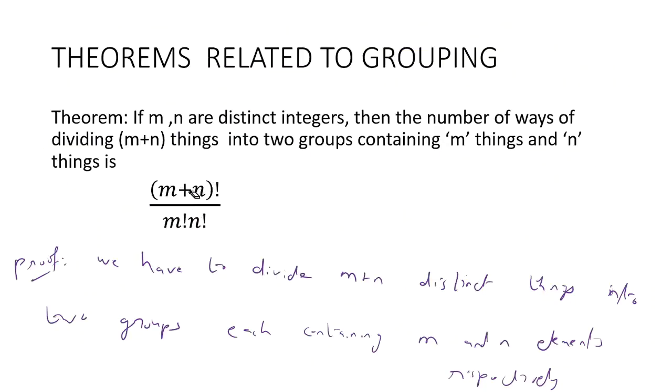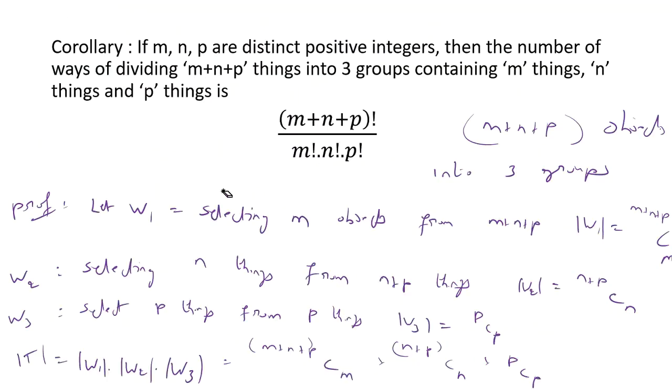The number of ways of dividing m plus n distinct objects into 2 groups containing m things and n things is m plus n factorial upon m factorial times n factorial. So here we are dividing m plus n plus p things into 3 groups containing m elements, n elements and p elements. And the number of ways of doing it is going to be m plus n plus p factorial upon m factorial times n factorial times p factorial.